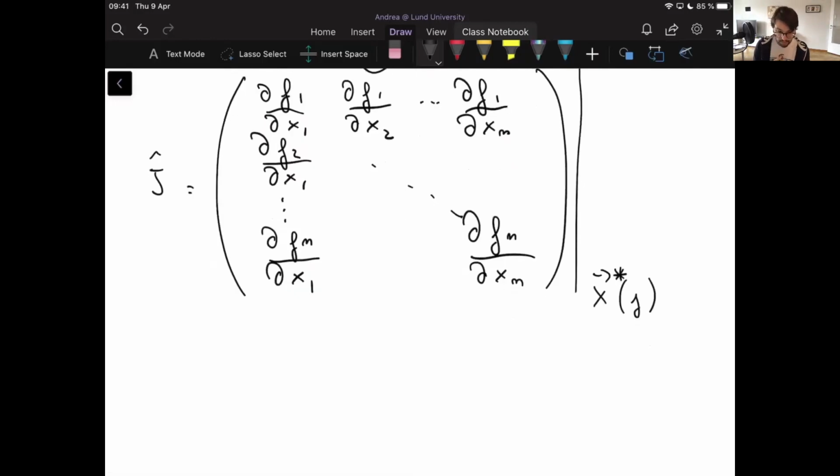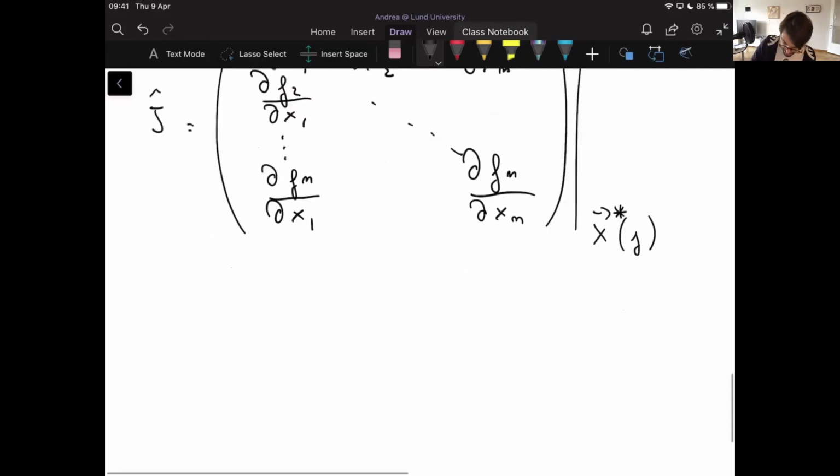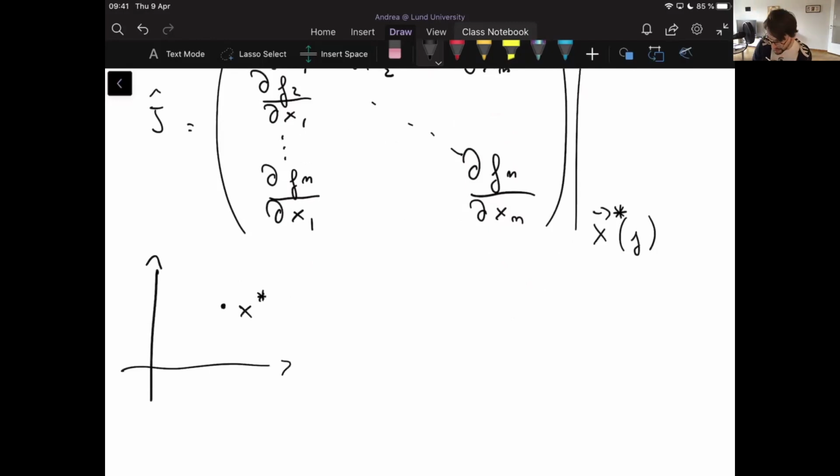Okay, now what can we do with these derivatives? The point is that now we live in a multidimensional space. If we consider 2 dimensions, that's pretty straightforward. I have a map in 2 dimensions, and I have a fixed point here.